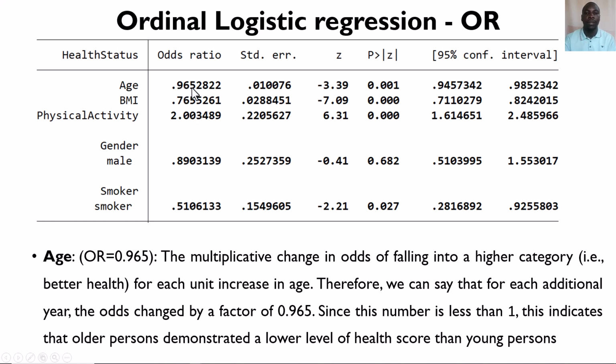So this is the multiplicative change in odds of falling into a higher category, that is having better health, for each unit increase in age. Therefore, from this output, we can say that for each additional year, the odds change by a factor of 0.965. It indicates that older persons demonstrated a lower level of health score than younger persons.